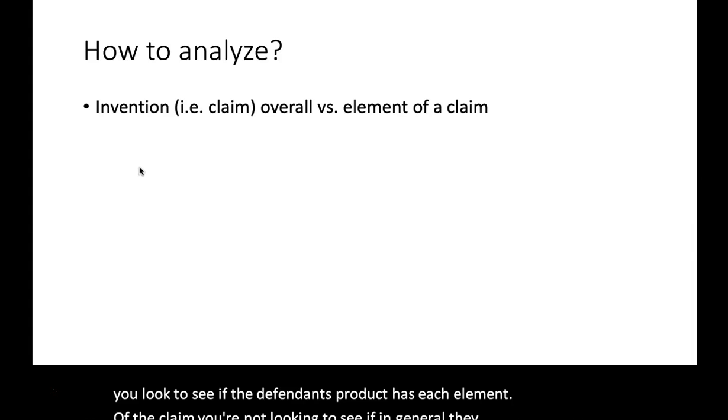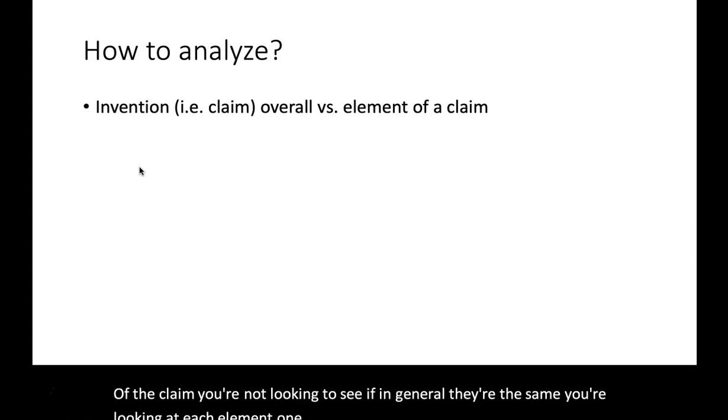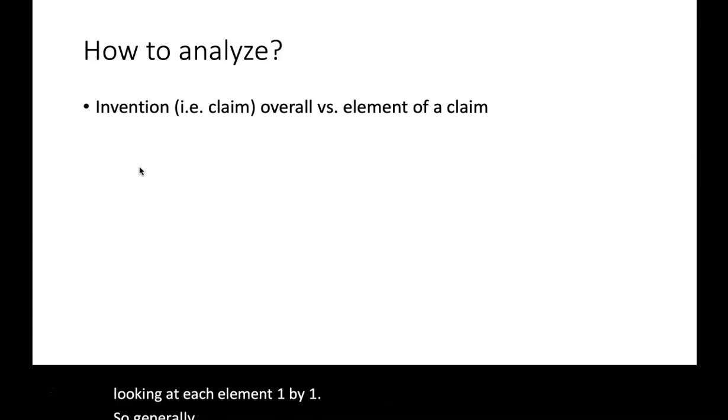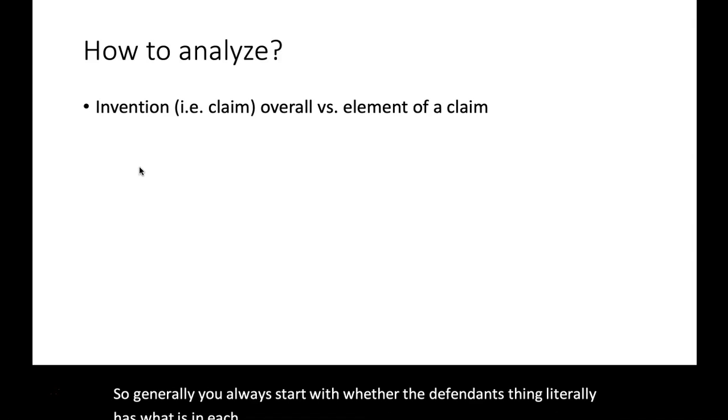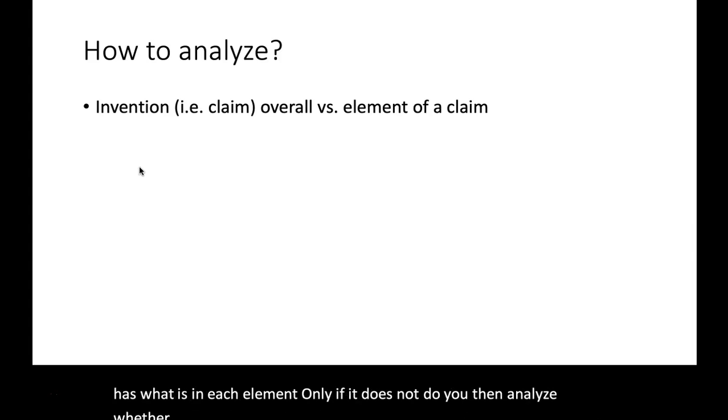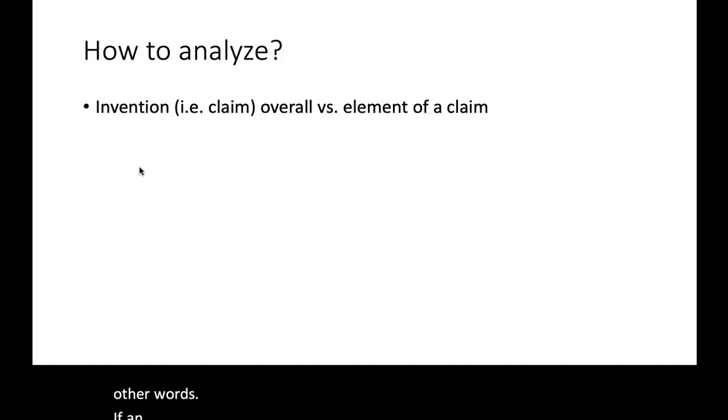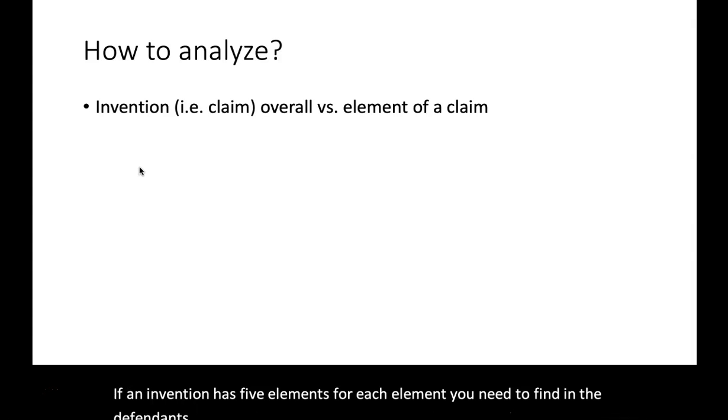You're looking at each element one by one. So generally, you always start with whether the defendant's thing literally has what is in each element. Only if it does not do you then analyze whether that element is met through the doctrine of equivalence. So in other words, if an invention has 5 elements, for each element you need to find in the defendant's product or process the element literally, exactly what the claim says, or by the doctrine of equivalence.